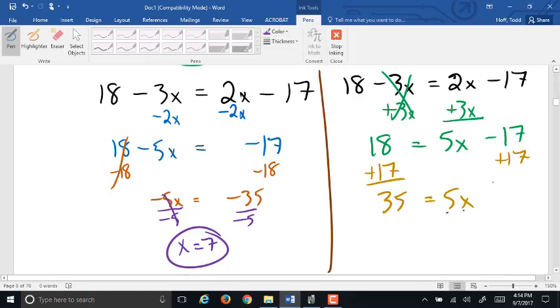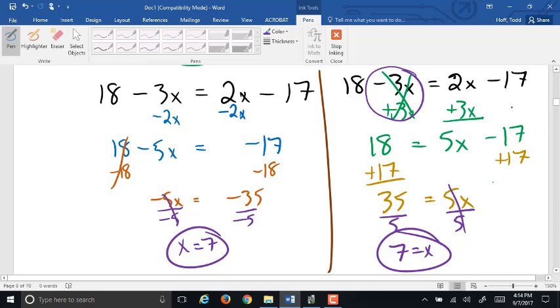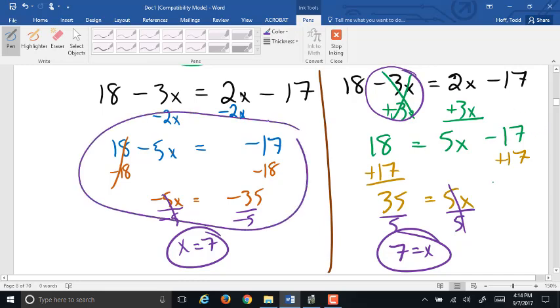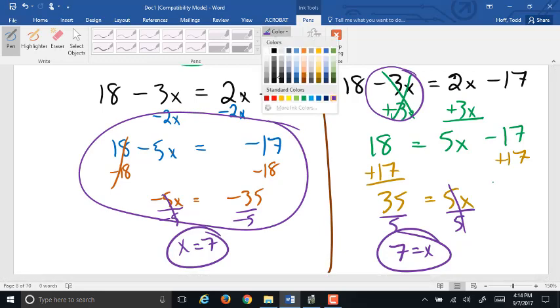And we divide by 5. Perfect. So 7 equals x. So we get the same answer either way. The reason I always suggest getting rid of the smaller one is so that we don't have to work with the negative. But if you're good with negatives, it doesn't make a difference.